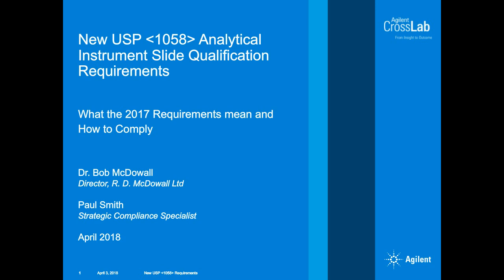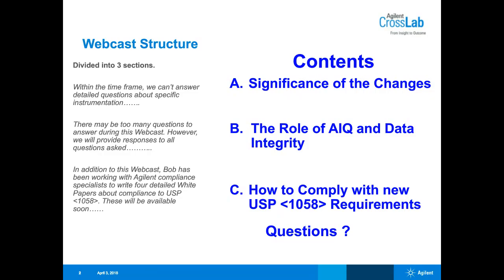Good morning, everyone. I'm Bob McDowell, and I'm going to be giving the first part of this seminar. There are going to be three parts. I will look at, in part A, the significance of the changes in the new version of USP 1058.